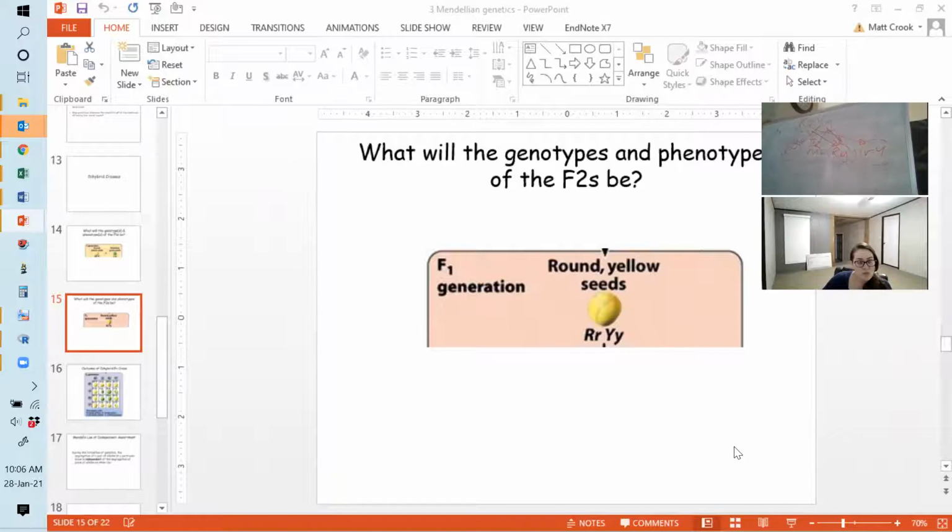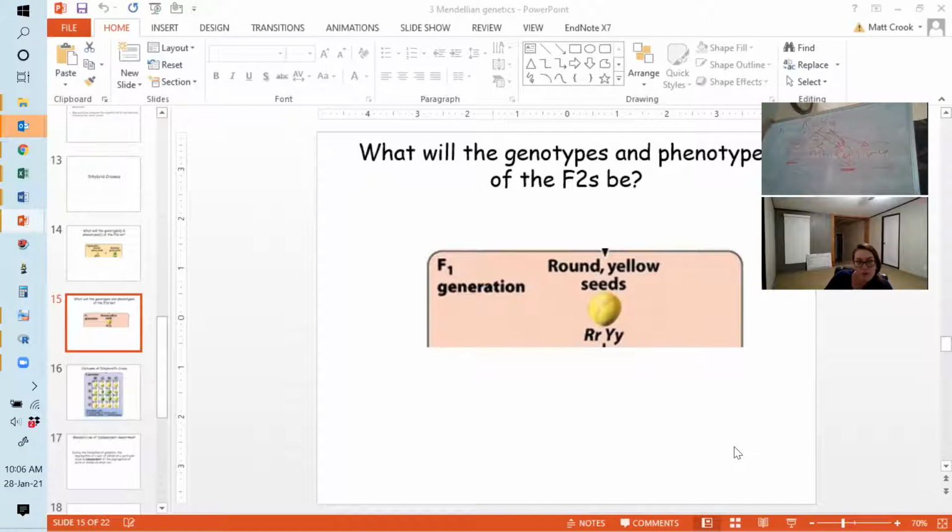Because you have 2 different genes. So each gamete is going to have an allele from each gene, right? So wherever you have a big R, you're going to have either a big Y, which is this one here, or a little y.